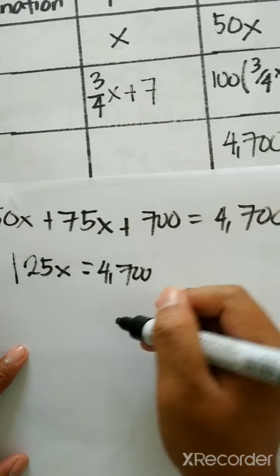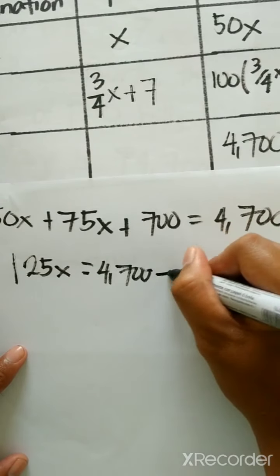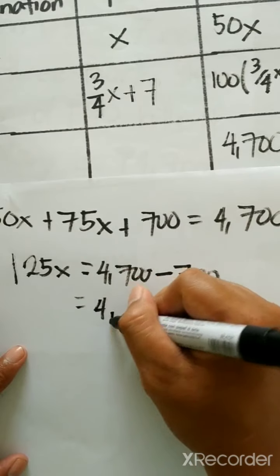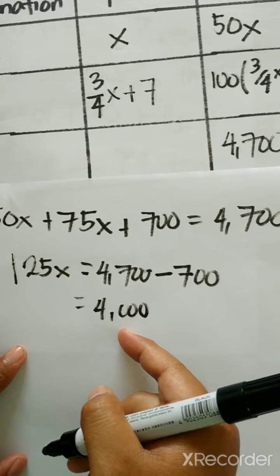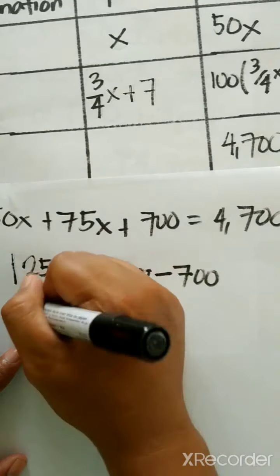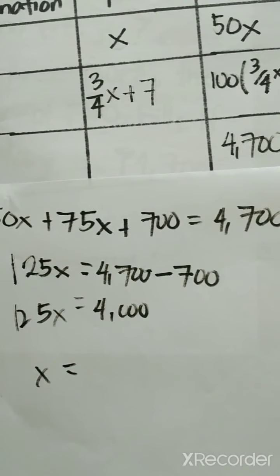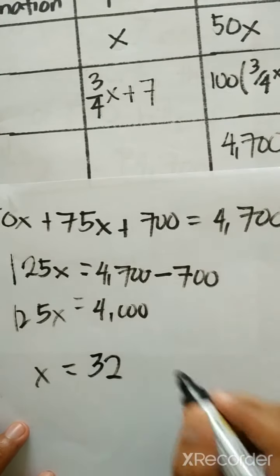The 700 goes to the right side and changes its sign, so it becomes negative, leaving us with 4,000, that is 4,700 minus 700. Dividing both sides by 125 gives us 32.